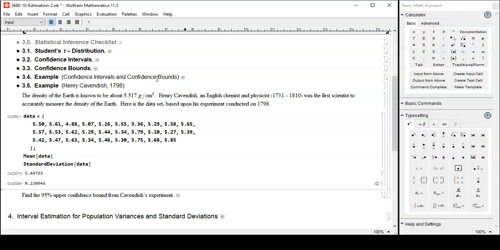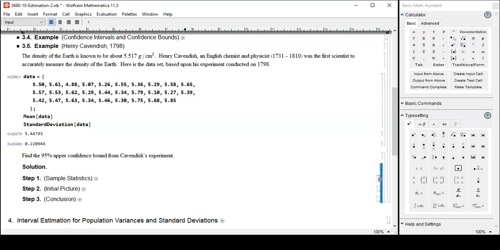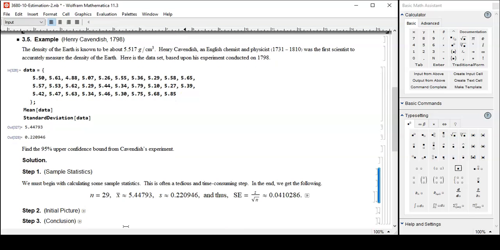And are they close enough? That's why I'm testing the 95% upper confidence bound. Make it a little bit bigger. See if this is coming close. Let's find out. All right, sample statistics are here.